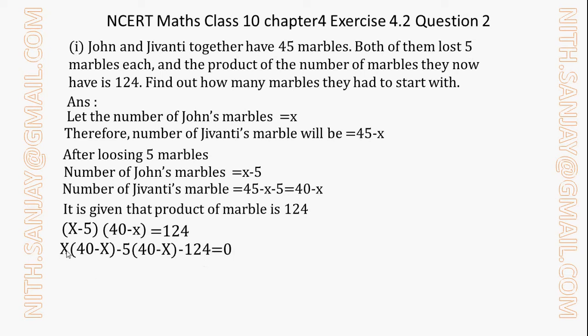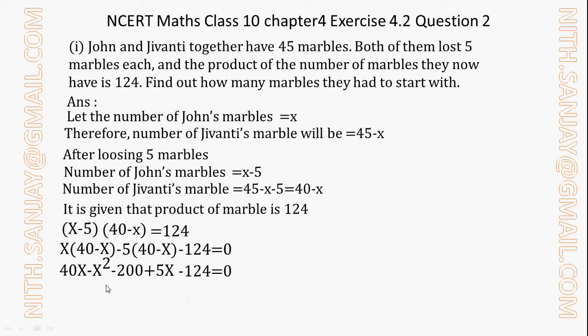When I multiply x with 40, I will get 40x, and when I multiply x with minus x, I will get minus x square. When I multiply minus 5 with 40, I will get minus 200, and when I multiply minus 5 with minus x, I will get plus 5x. Minus 124 is equal to 0.